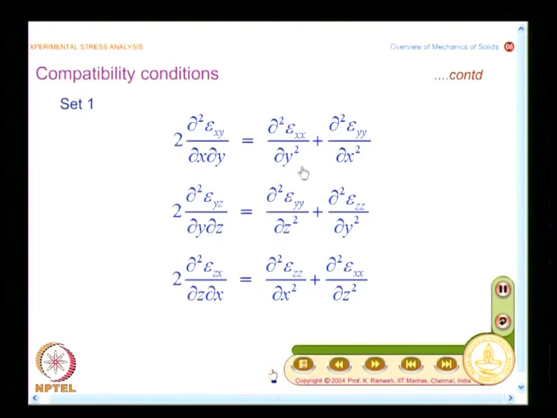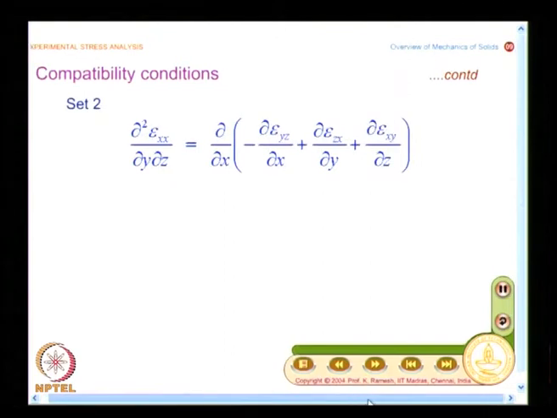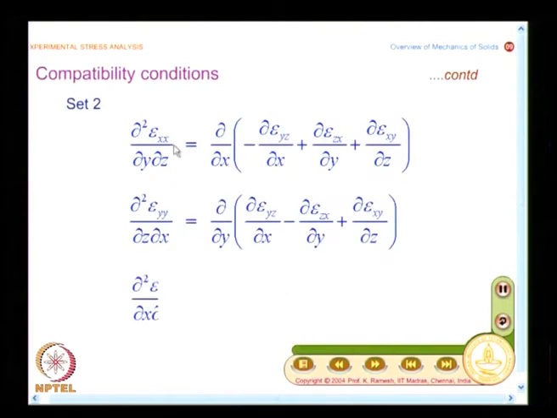Once I have this, if I know the stress strain relations or strain stress relation, I can replace these strain quantities in terms of stress components. In fact, it was one of the home exercise problems. I am only reviewing solid mechanics for the sake of continuity, and you have set 1 and you also have another set which relates your shear strains to normal strain.